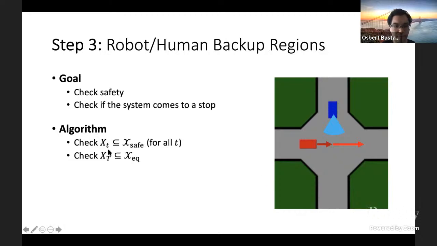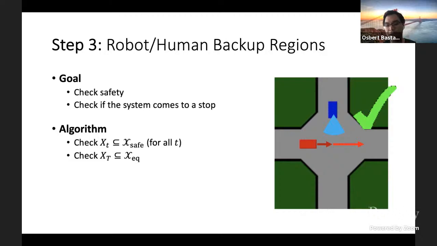To check safety, we just need to ensure that the reachable set big XT on every step is contained in the safe set for every step T. To check that the system comes to a stop, we check that on the final step we come to a set of equilibrium states where the system is at rest. Again, these are also checked using the abstract interpretation framework, which I'm not going to go into details about.